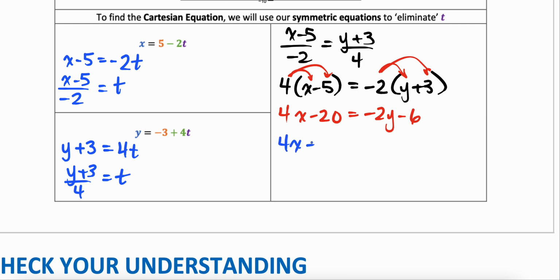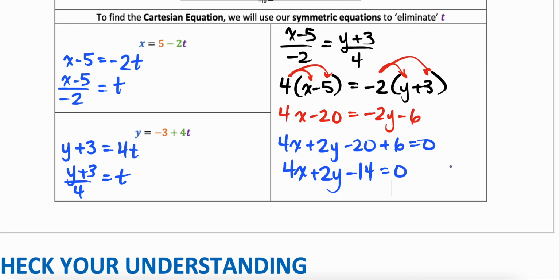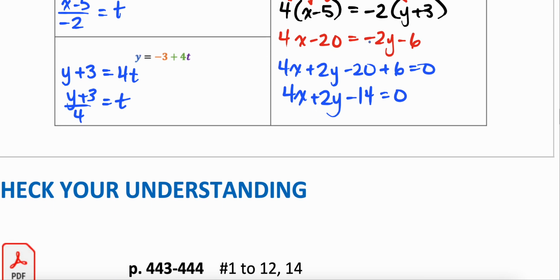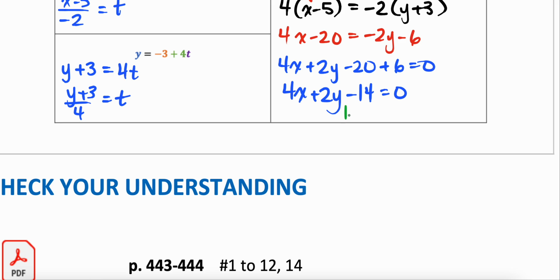So 4x plus 2y minus 20 plus 6 is equal to 0. Simplify any like terms, in this case those two constants at the end. So I have 4x plus 2y minus 14 is equal to 0. I can keep my equation like this, or if I wanted to, I could say, look, all of these numbers are divisible by 2, so I could also write this as 2x plus y minus 7 is equal to 0.